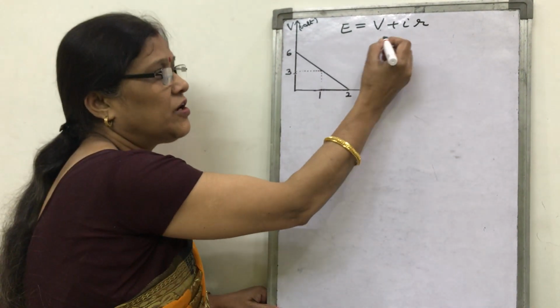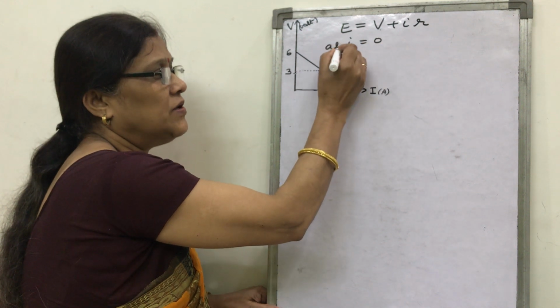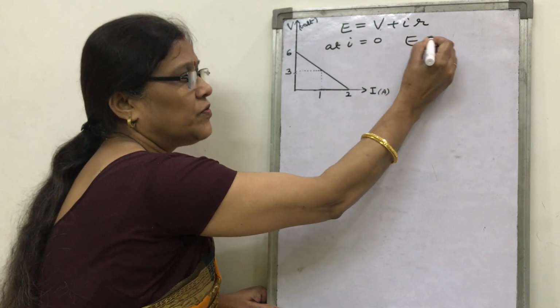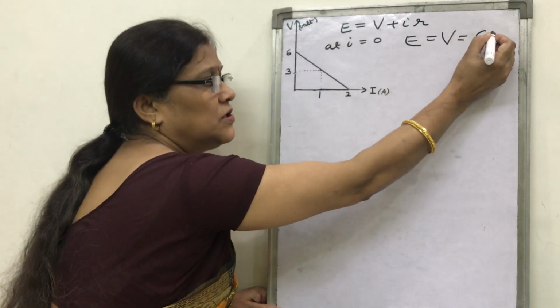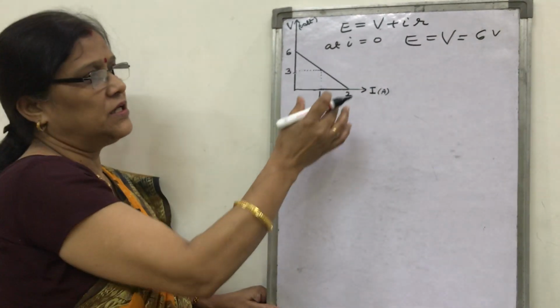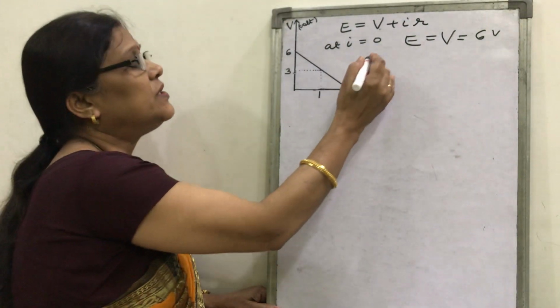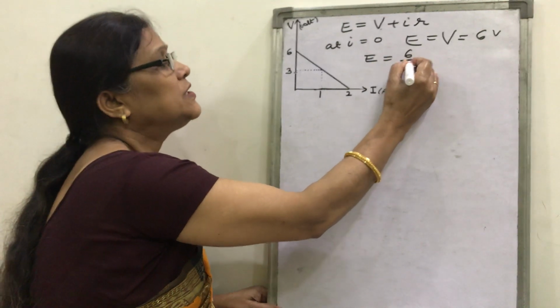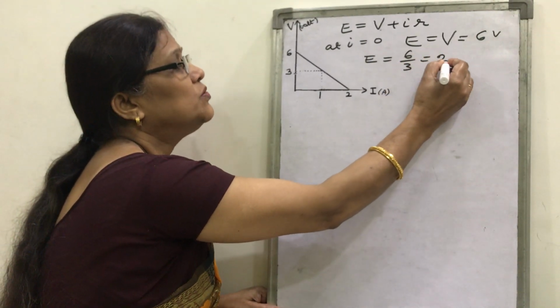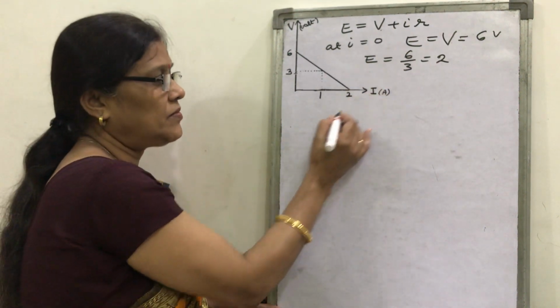For I equal to 0, E equal to V. So at I equal to 0, E equal to V equal to 6 volts. If 6 volt is the EMF of all the 3 cells connected in series, therefore EMF of one cell equals 6 by 3, that is 2 volt. So this is the EMF of one cell.